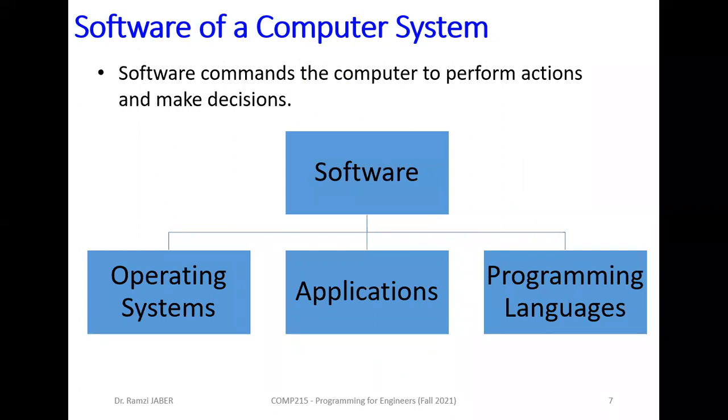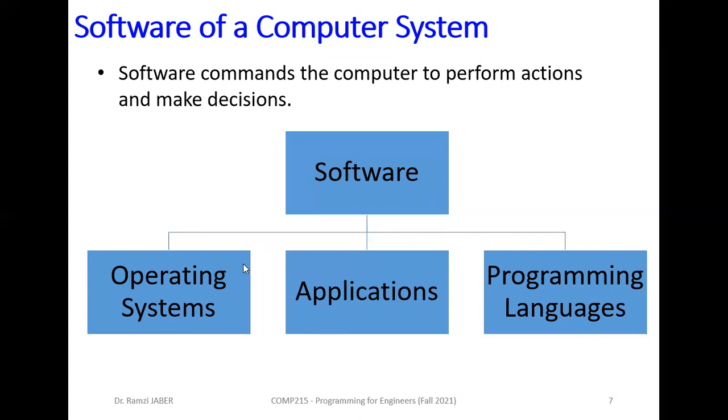As you know, software is also decomposed into three parts: the operating system, like Windows, iOS, and so on; application software, like Word, Excel, PowerPoint, Photoshop, games, and so on; and also the programming languages.